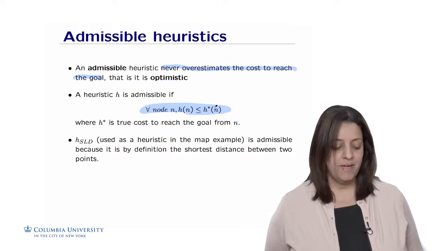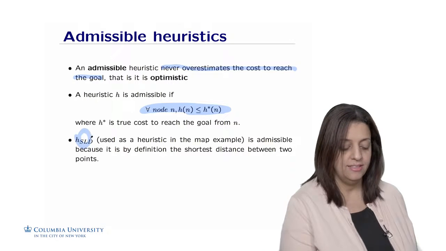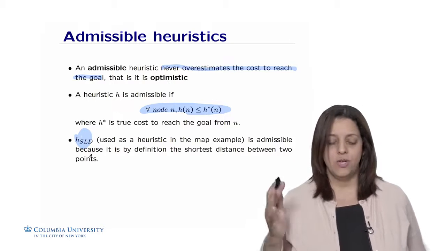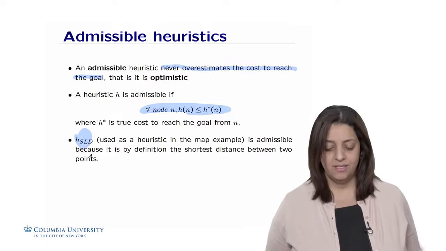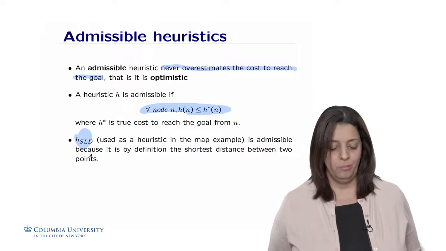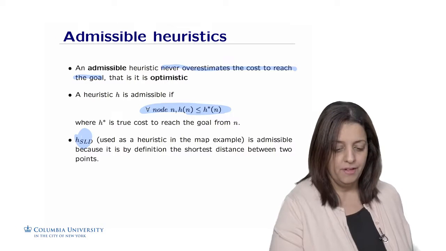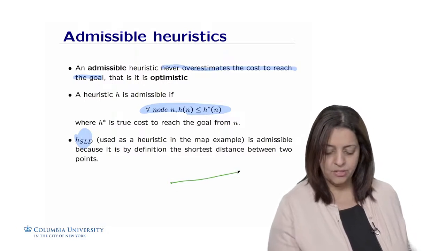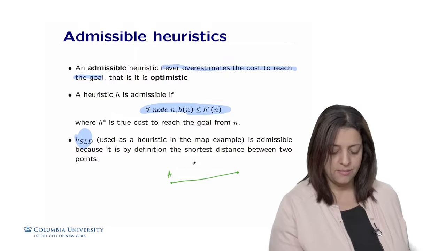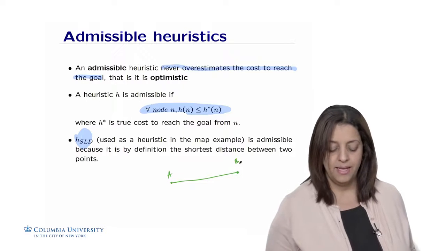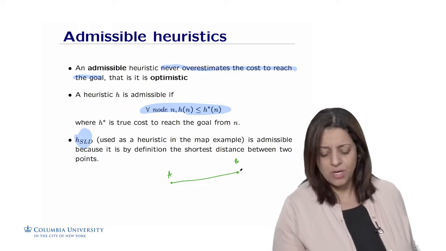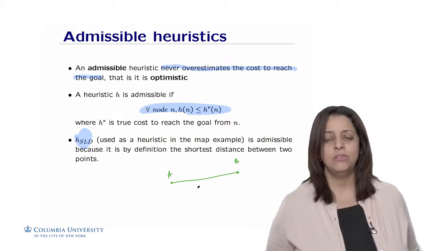So in the example of the map, we use the heuristic h_SLD that actually is the straight line distance between the two cities. And this heuristic is admissible because it's always less than the true cost to reach the node. This can be illustrated by this small example. If we have two cities A and B, the straight line distance between the two cities is actually not a real configuration.